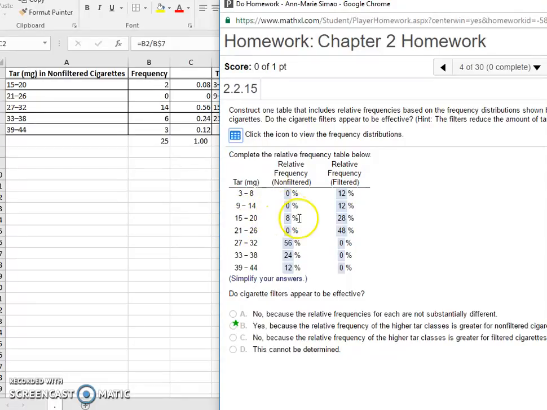The first class I have data in is this 15 to 20. 15 to 20 is 0.08, which is 8%. My next class, 21 to 26, is 0%. 27 to 32, 0.56 was my calculation. That's 56%. 33 to 38, 0.24 is 24%. 39 to 44 is 0.12, which is 12%.